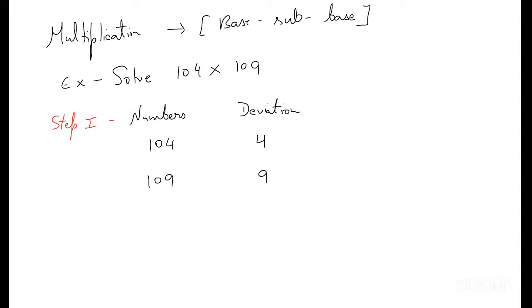Now, second step is multiply the two deviations. 9 fours are 36.